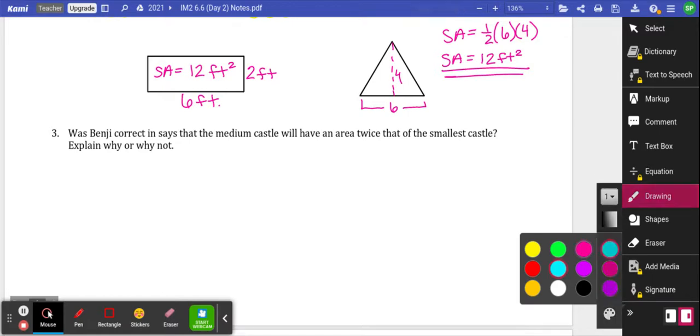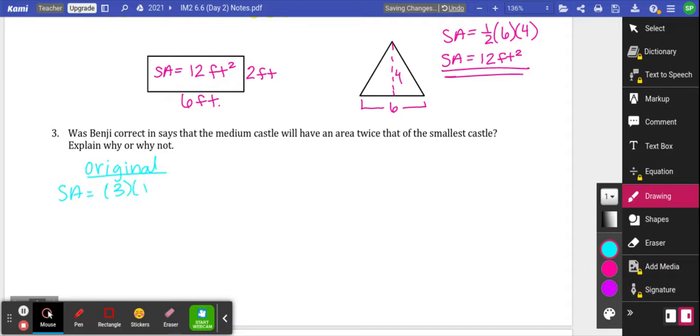So I am going to show you what math is going on here. For our original surface area, what we did with the rectangle was we said that our area was 3 times 1, so 3. And our new one, which had dimensions twice as big, we multiplied the dimensions by 2.